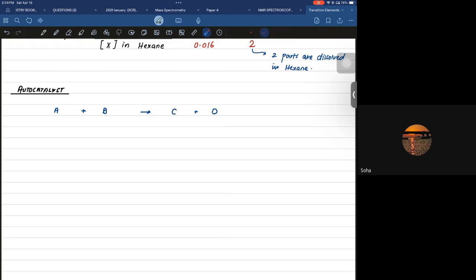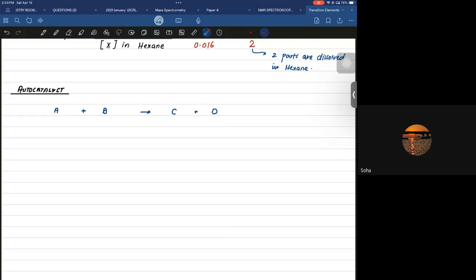Fortunately, once the D is formed, the nature of D is to act as a catalyst. It's a very interesting fact.